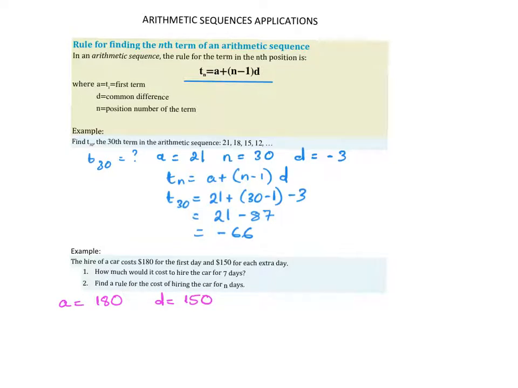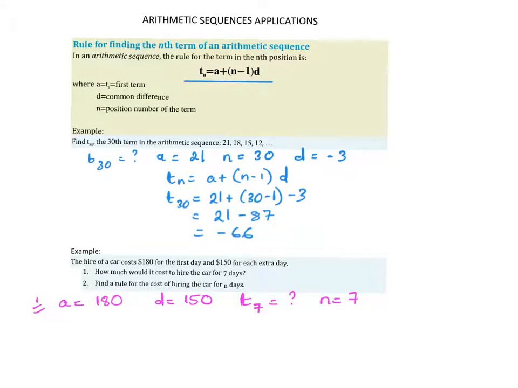150. We're looking for what in part 1? Well, we're looking for the cost of the car for 7 days. So we're looking for T7, which means that n would be equal to 7 there.